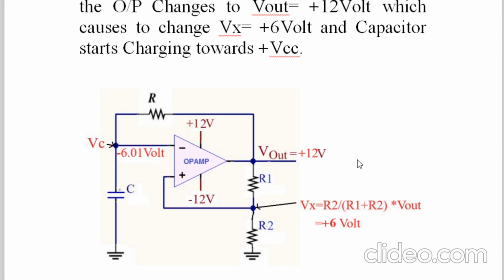So overall, the charging time depends not only on the value of R and C, but also on the value to which the capacitor should charge, 6 volt, 9 volt or 3 volt, which is decided by R1 and R2.